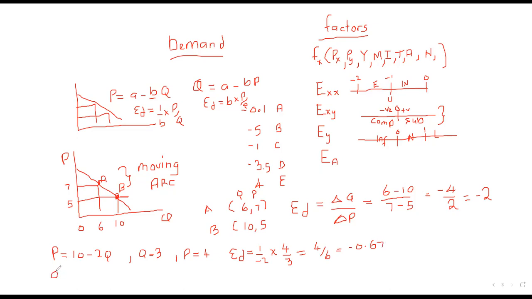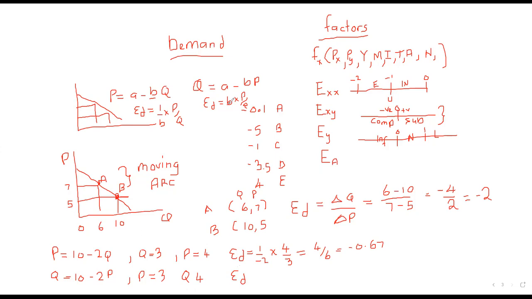The function can also come in terms of Q. 10 minus 2P, and we're given our price here as 3. So what is our quantity if our price is 3? Our quantity is 4. Which formula are we using? Elasticity of demand.